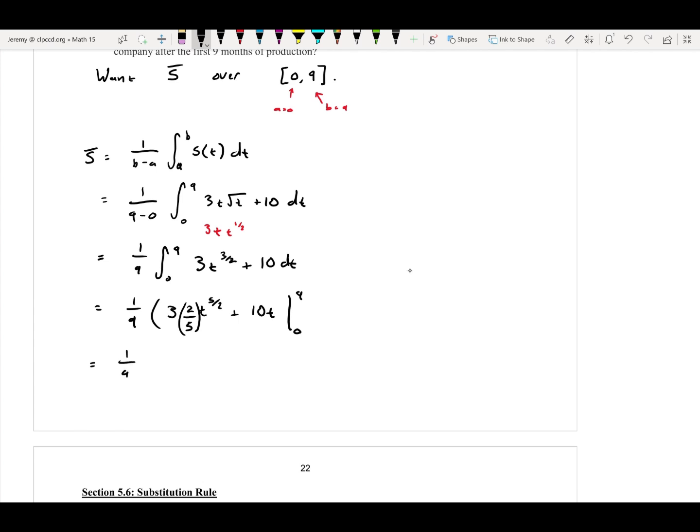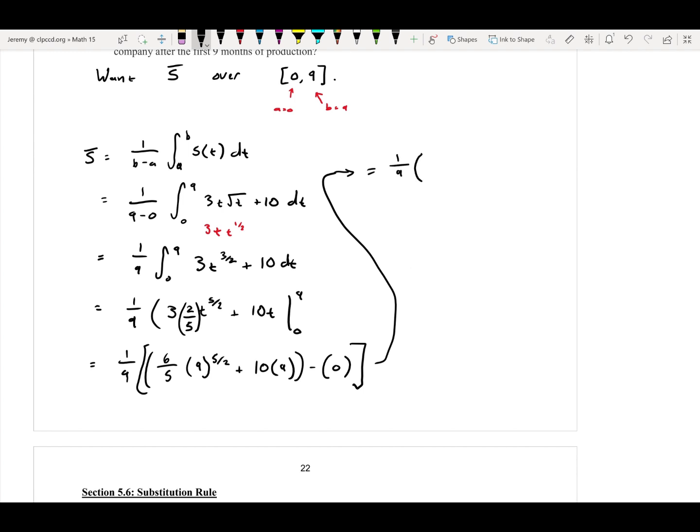So I'll have 1/9 times 6 over 5 times 9 to the 5/2 plus 10 times 9. That's that first term, and then subtracting from that 0. We're fortunate again in this case. Plugging 0 into that antiderivative just gives us 0.